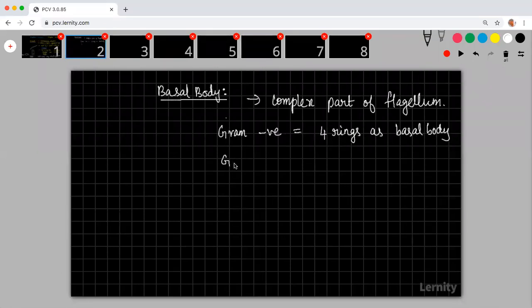The gram-positive bacteria will have two rings as basal body.